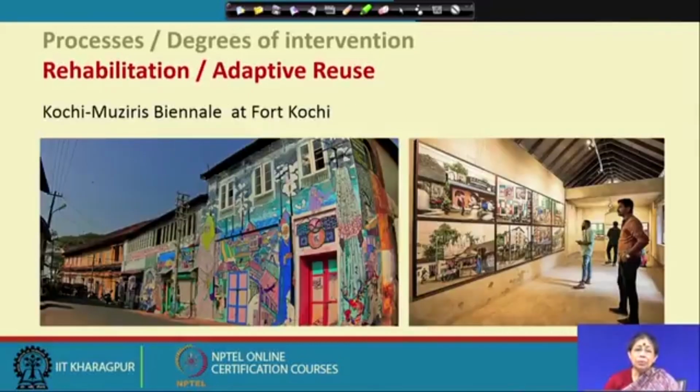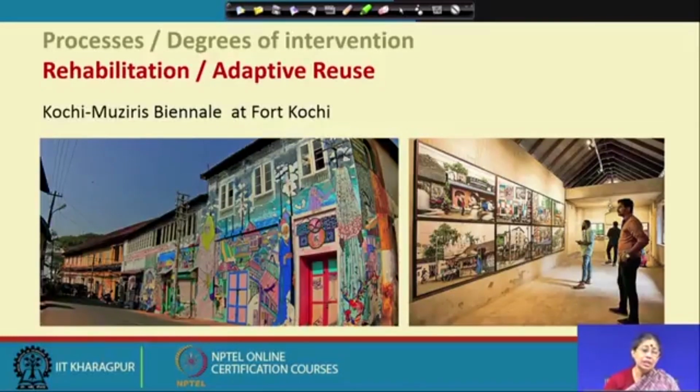A very good example in our country is the Kochi Biennale. Since 2012, this Kochi Biennale has been going on in the Fort Kochi area. There are a lot of old structures there, residential and commercial areas, which were not in a very good state, and suddenly a private foundation started this Biennale, and now it has become a really active area, and it has been able to regenerate the economy of that area while keeping the structure.